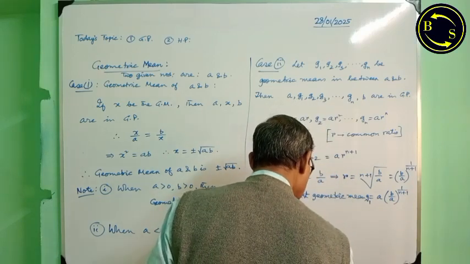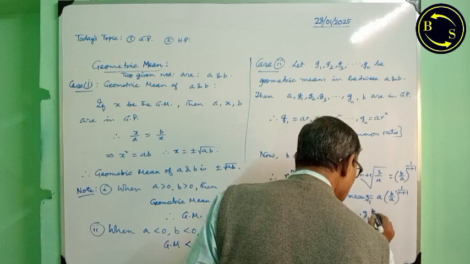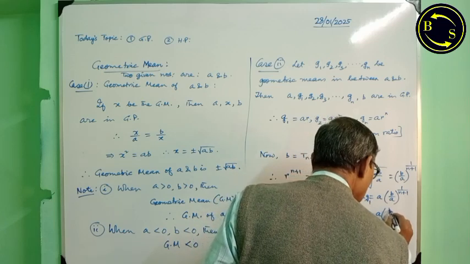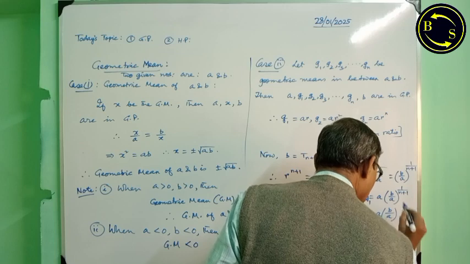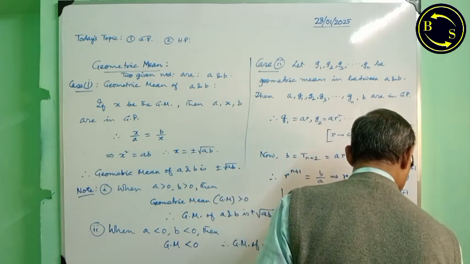Second geometric mean G2 is A into B by A whole to the power 2 by n plus 1.